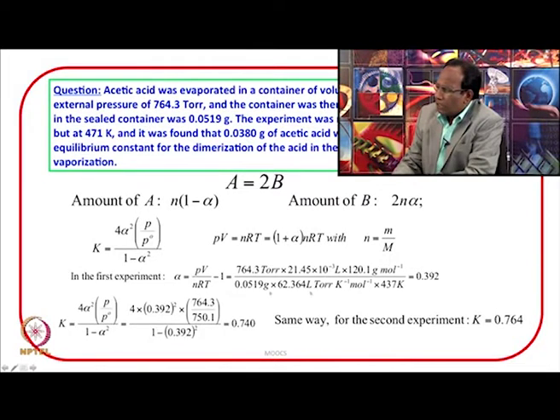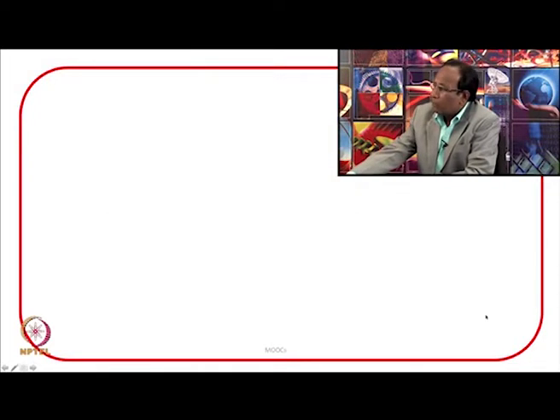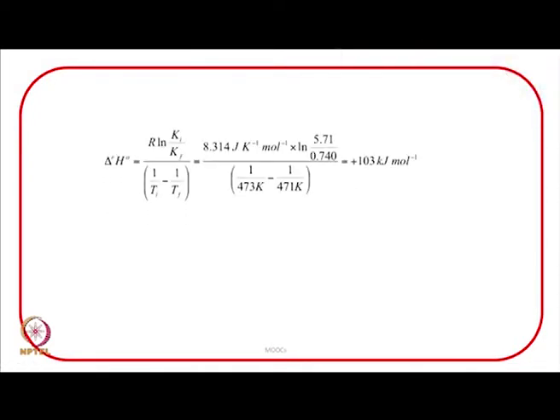Now you have K at two different temperatures, and I can easily calculate the value of enthalpy. This equation we have discussed many times. This comes from the integration of the Van 't Hoff equation between two limits of Ti and Tf, and after the substitution we get the enthalpy to be plus 103 kilojoules per mole.